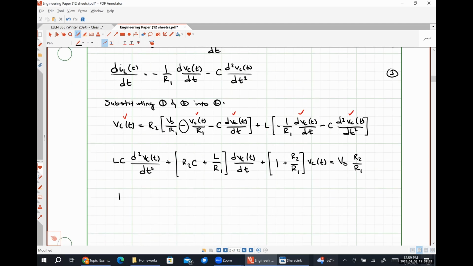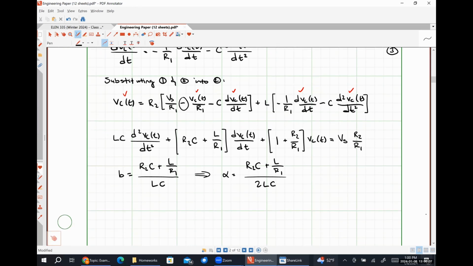So my coefficient B is going to be R2 times C plus L over R1, all divided by LC, which means alpha for this guy is going to be R2 times C plus L over R1 divided by twice LC, because alpha is just whatever my coefficient is for my first order term divided by 2.